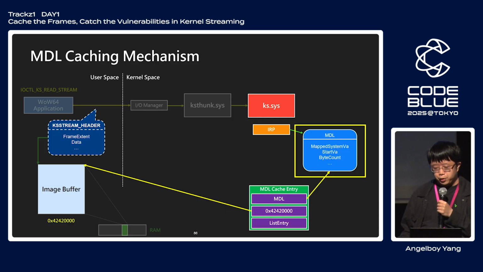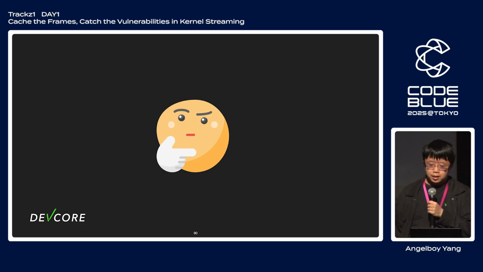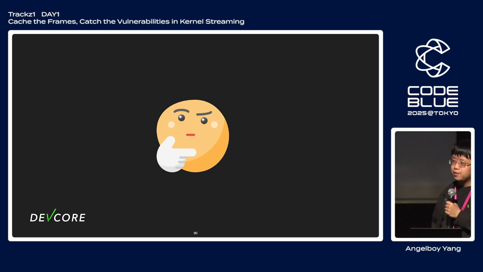Then the MDL in the original IRP is replaced with the cached one. After that, this MDL is used to map the frame buffer, and the buffer is then used to receive the data from the device. But is it really safe?